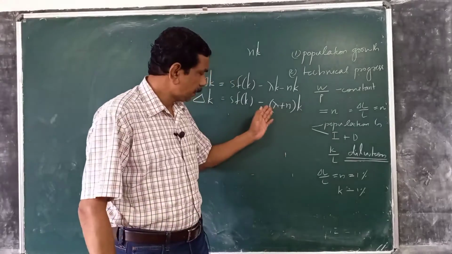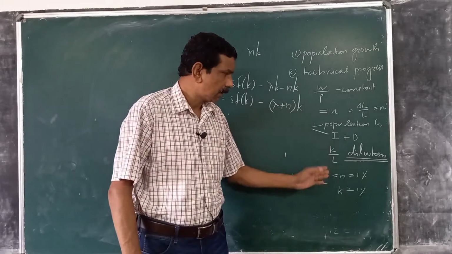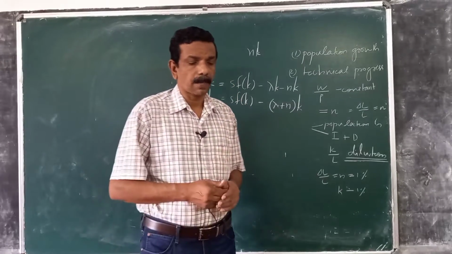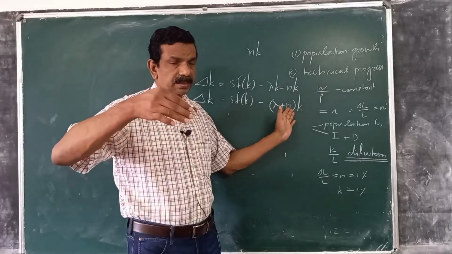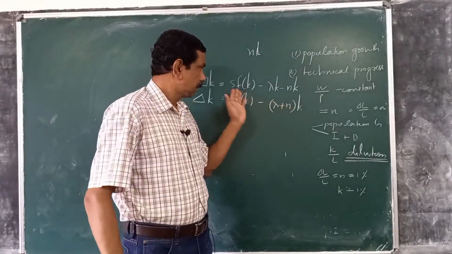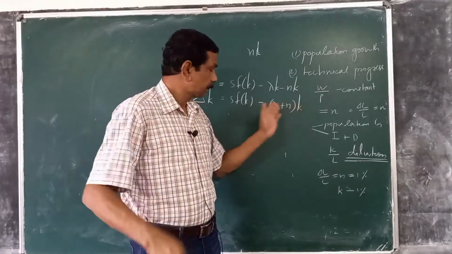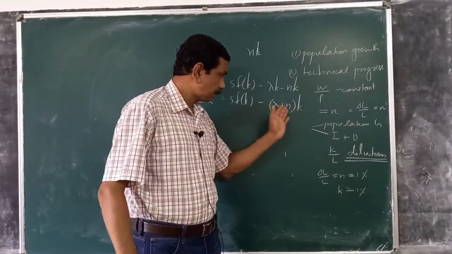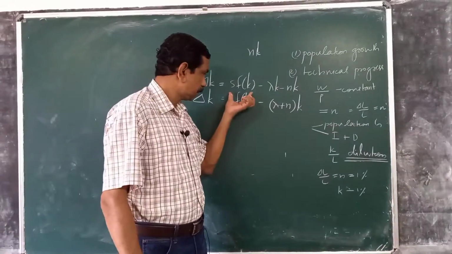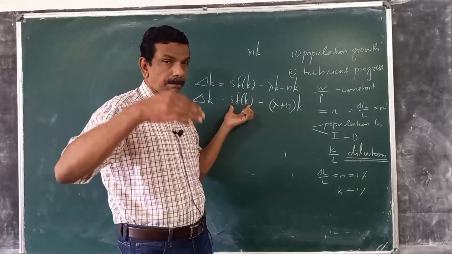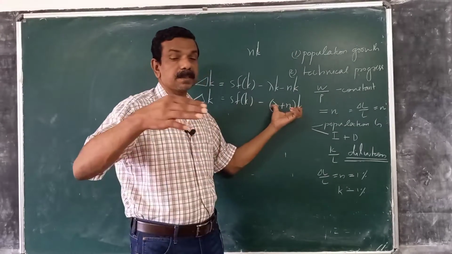So with the addition of labor force growth or population growth, the steady state equation changes only slightly. s f(k) minus lambda k has become s f(k) minus (lambda plus n) k. This is savings per head. This is now depreciation per head.